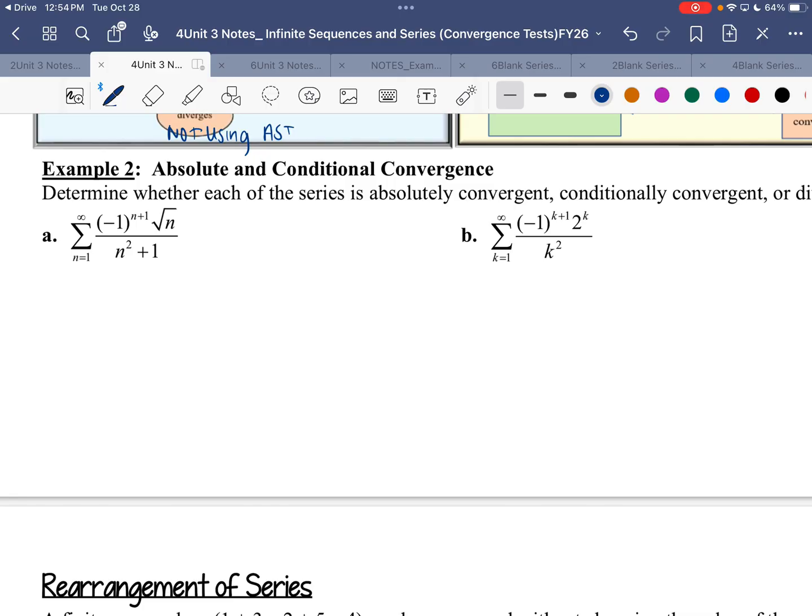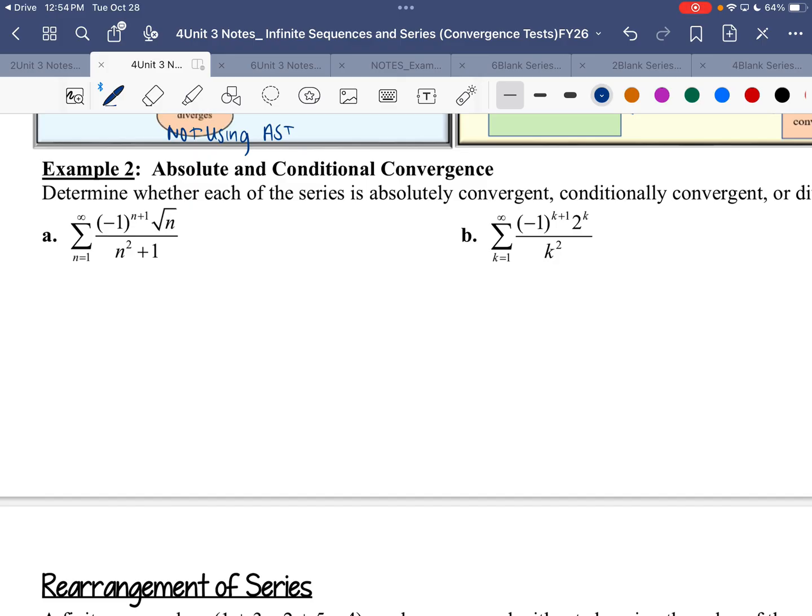When you do the absolute value for part F, the absolute value of -1 to anything is 1.